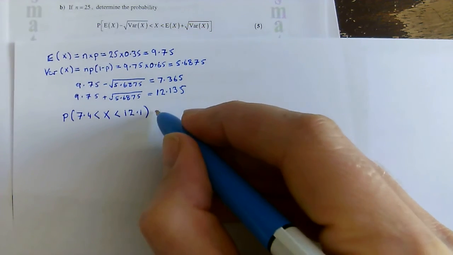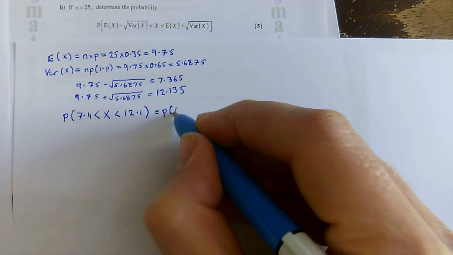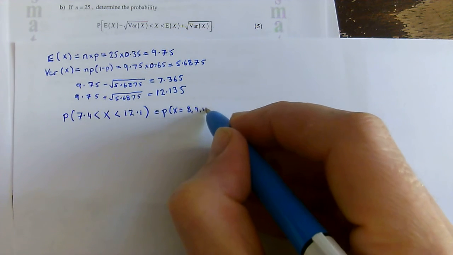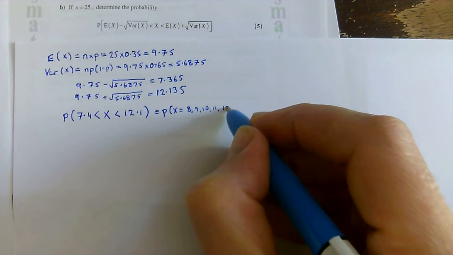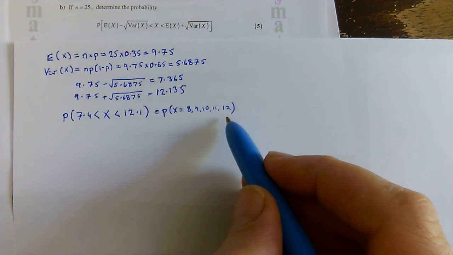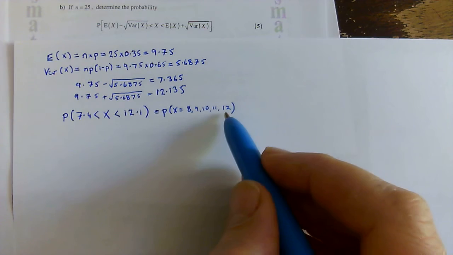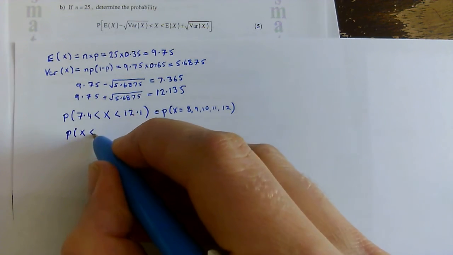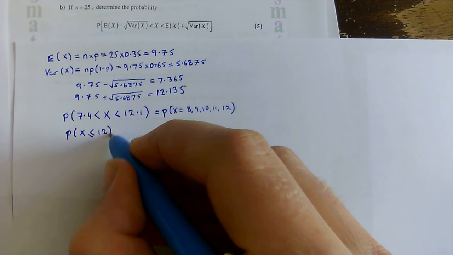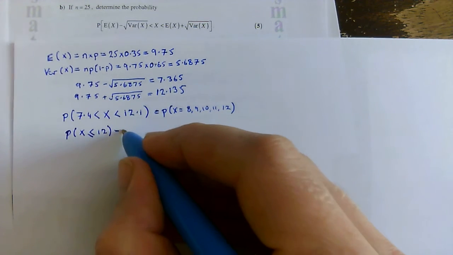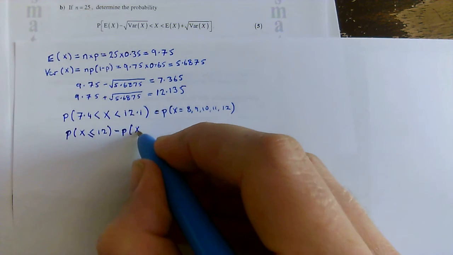So this is the same as the probability that x equals 8, 9, 10, 11 or 12. It can only have whole number values. So the easiest way to do this is to find the probability that x is less than or equal to 12 minus everything below 8, so minus the probability that x is less than or equal to 7.